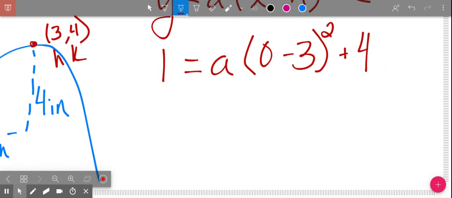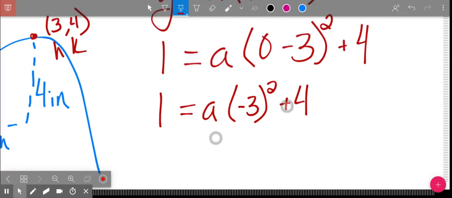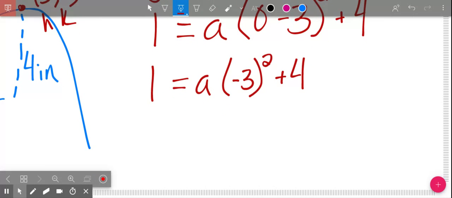So then we're just going to simplify this because we got to get our a by itself. So 1 is equal to a. 0 minus 3 gives me -3 squared plus 4. We have to deal with that wonderful exponent. -3 squared gives me 9 plus 4.